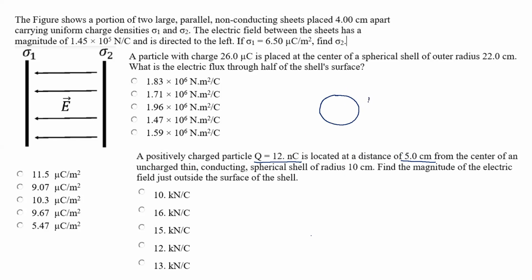So this distance here is the radius, and it's equal to 0.1 meters. And here, at 5 centimeters from the center, I put my charge capital Q, which is positive, by the way, and it's equal to plus 12 nanocoulomb.